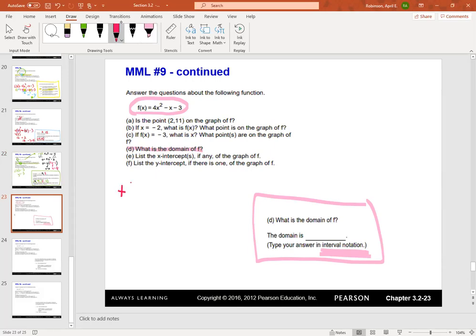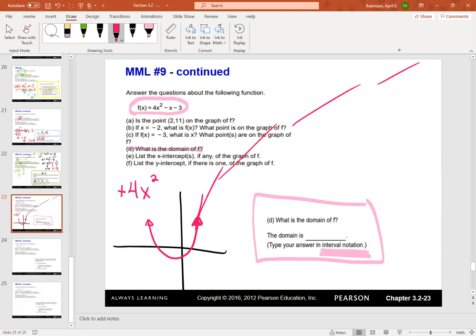Because I have a positive 4x squared, it's a positive quadratic, which means it is a smiley face like this. And no matter where I draw the x and y axis, it really doesn't matter as far as the domain is concerned, because I know it's pointing upward, but as it goes up, it goes out, doesn't it? Eventually, as it goes up, it keeps going out.